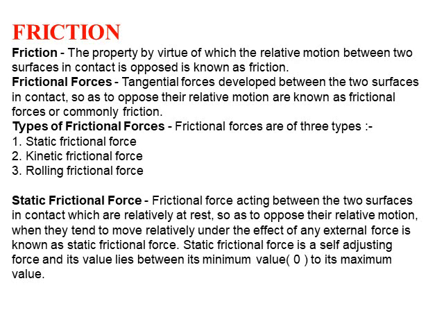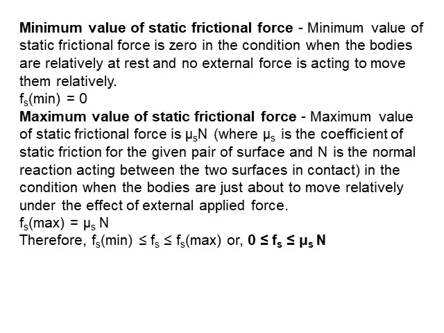It is denoted by small f with a subscript s. It is a self-adjusting force and its value lies between its minimum and maximum value. The minimum value of static frictional force is 0, in the condition when the bodies are relatively at rest and no external force is acting to move them relatively.